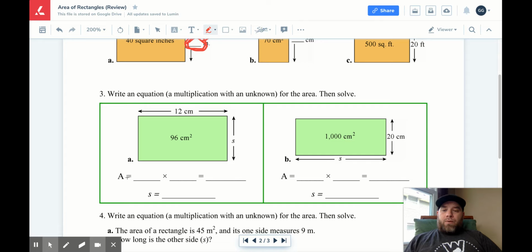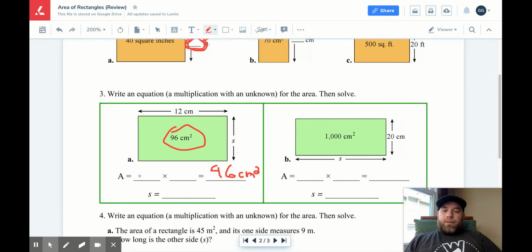All right, so we have an equal sign here, we have an equal sign here. So area, I'm going to skip this part here for right now. Area is going to equal, well, I have the area. It's right there. So area equals 96 centimeters squared. This is really practice writing equations.